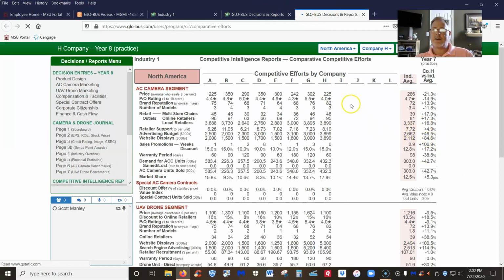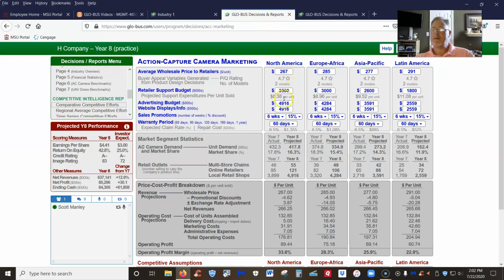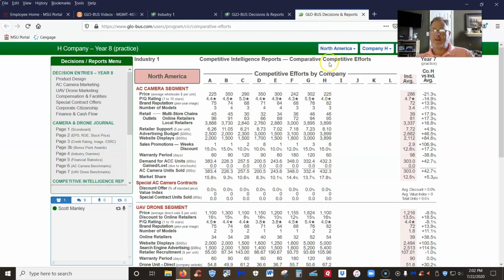Okay, so it looks like for company H, retailer support budget last year was 810. This is North America. I'm at 838. I'm okay with that. Sales promotion, 6 weeks, 15. I'm the market leader there, and I'm okay with that. The real one that's going to bite me if I don't fix it is the warranty.